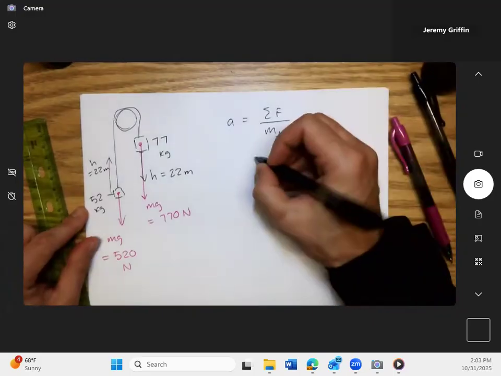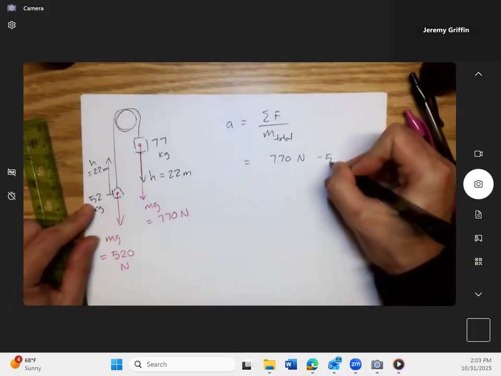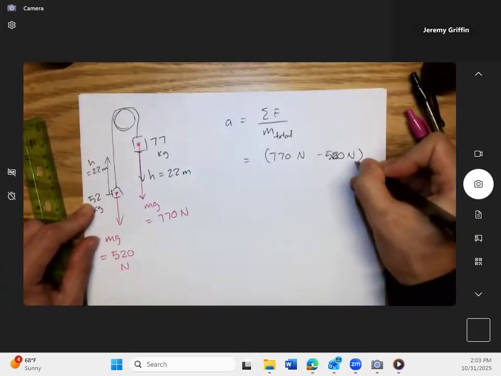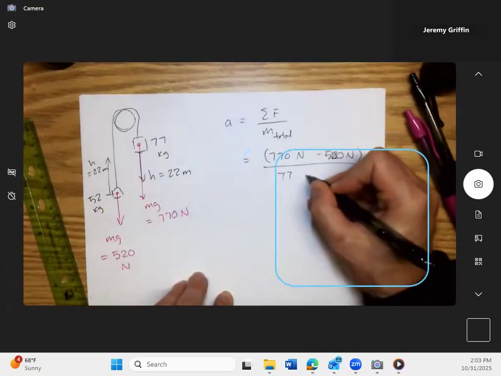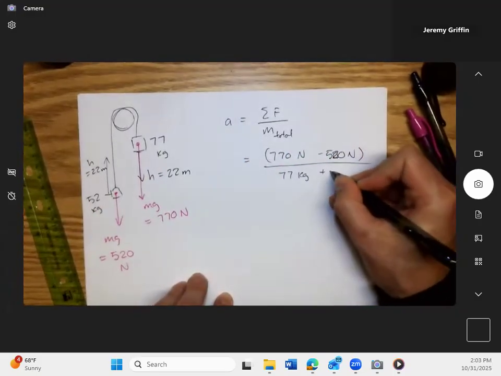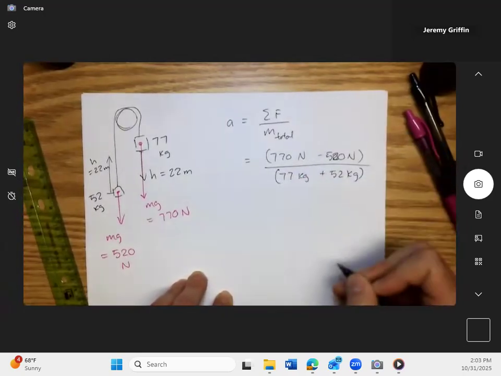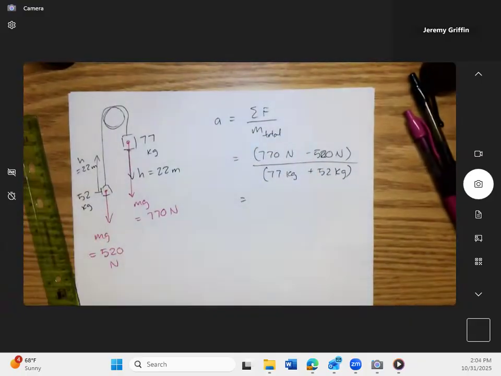Okay, all right. So I'm looking at 770 newtons, saying let's go clockwise. 520 newtons, saying let's go counterclockwise. And that's acting on a total mass of 77 plus 52 kilograms. Okay, so newtons over kilograms. That would tell me how much it's accelerating just in general.